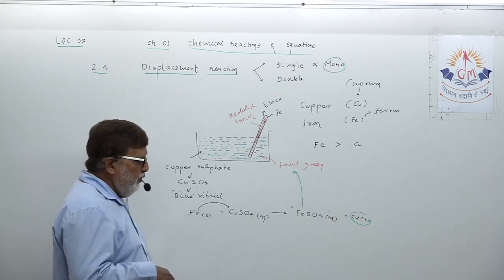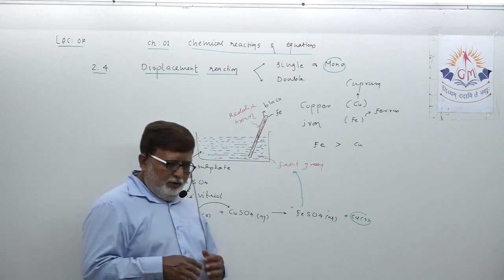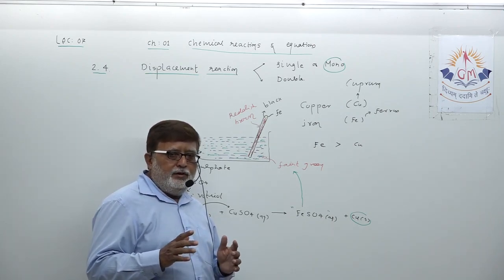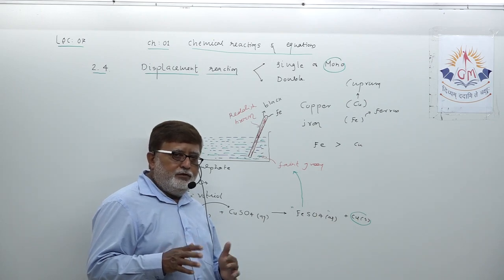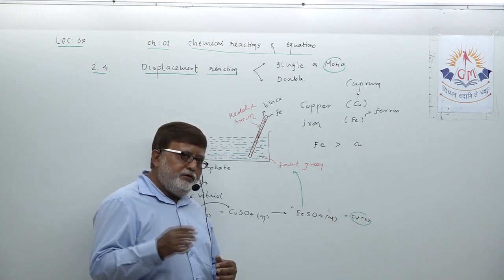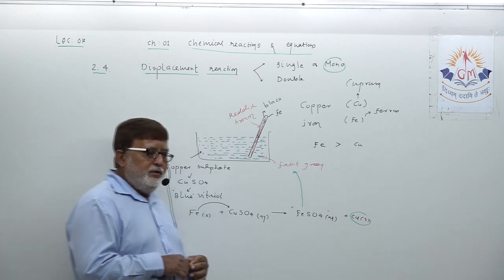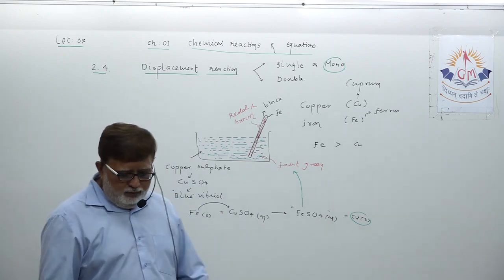For that purpose you need knowledge about the metal reactivity series, which no doubt we will discuss in chapter 3 when we study metals and non-metals. Okay. So this is mono displacement reaction.